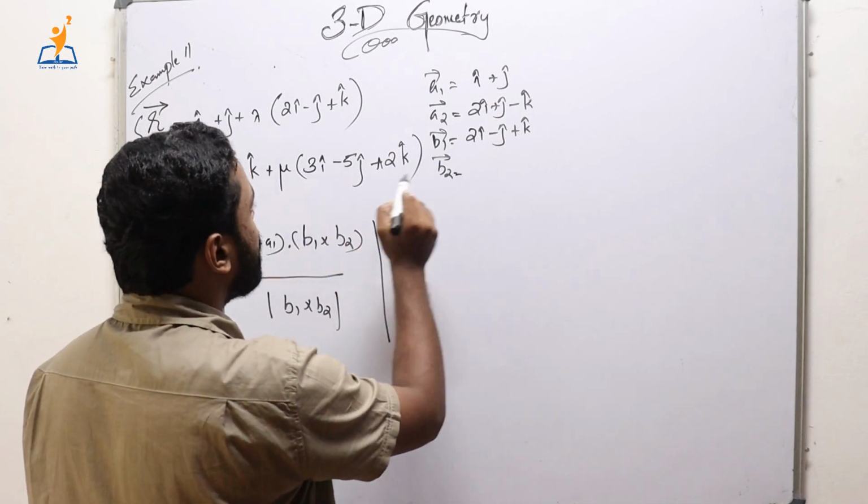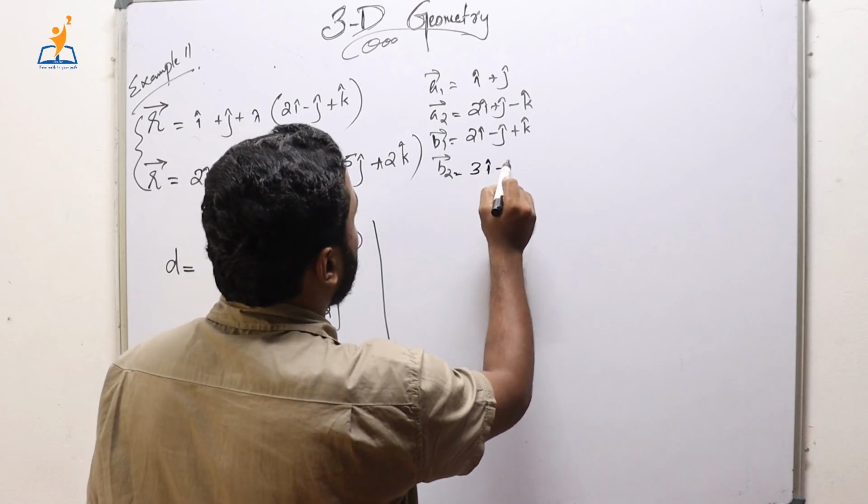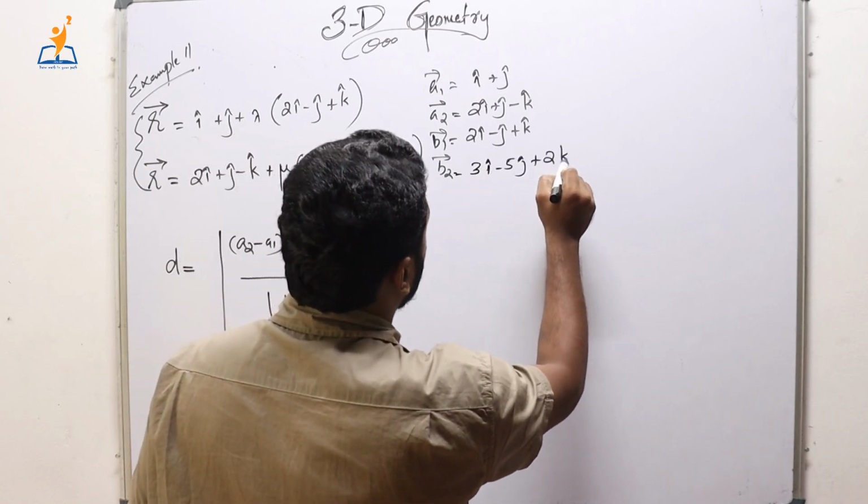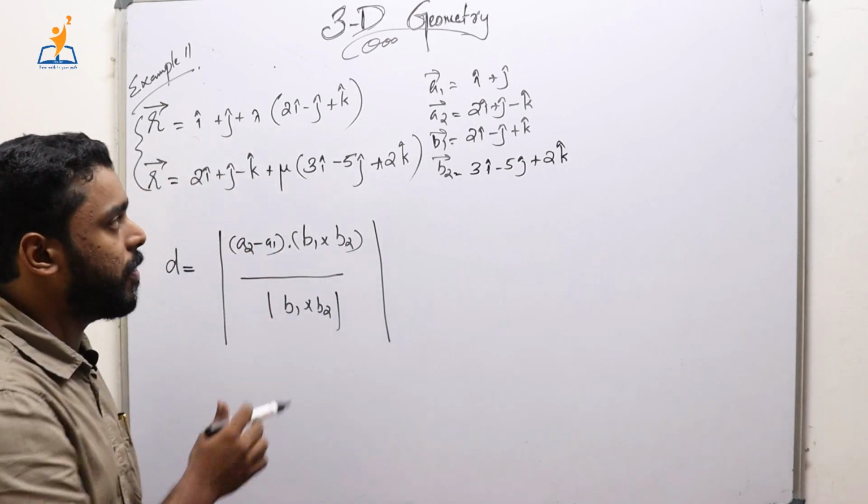Now B2 is nothing but 3I minus 5J plus 2K. So we have A1, A2, B1 and B2.